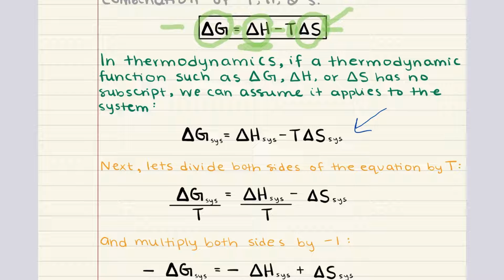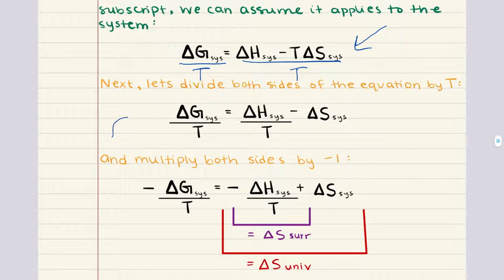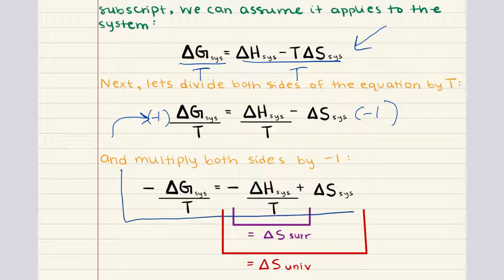We're first going to divide both sides by temperature. When we do that, we get the following equation. From here, we're going to multiply both sides by -1 to get this version of the equation. Now, I want to point out this term in particular.